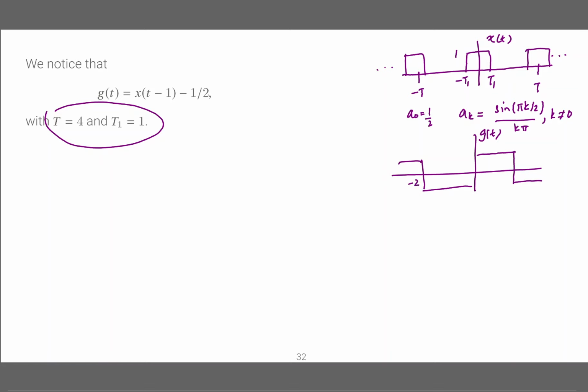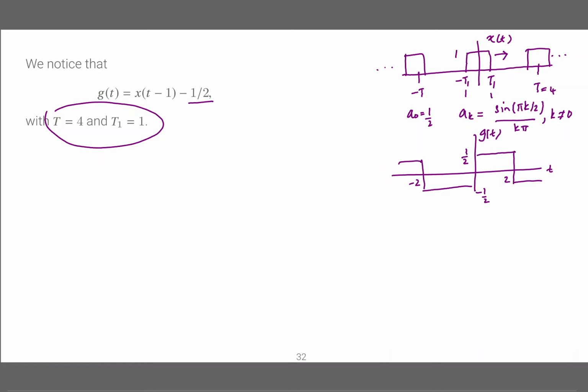Here the value is minus 2, time value is 2 here, this is time, and this is half, is minus half. So you can see here, if I consider this to be 1 and t to be 4, if I time delay this by 1 and subtract half, you get a gt.